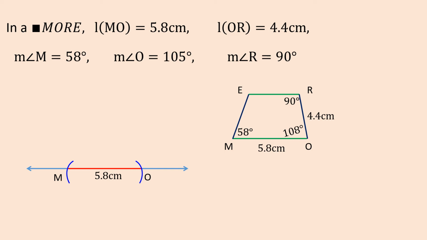Now I need to get the E and R points. For that I will first draw an angle with the help of a protractor. I am going to draw angle O, because for angle O they have given the measurement, and the distance of point R is also given. So let us begin.